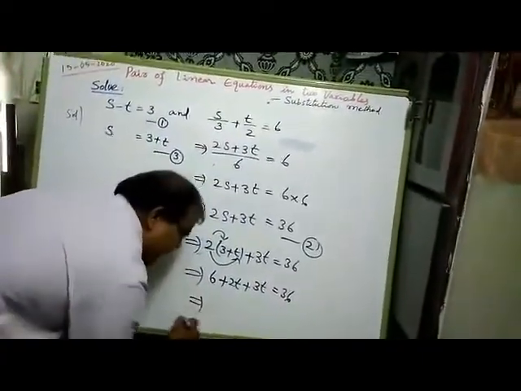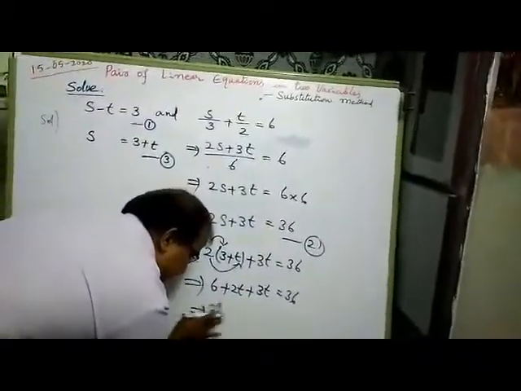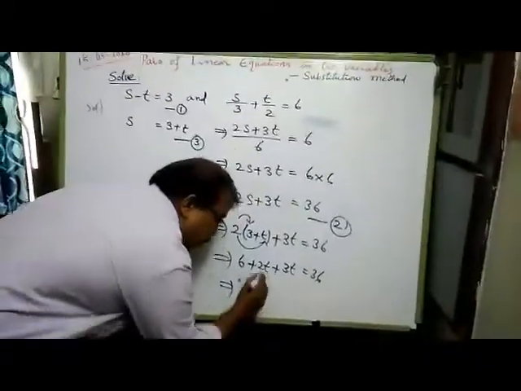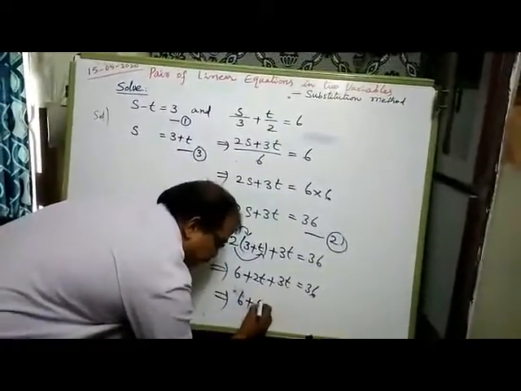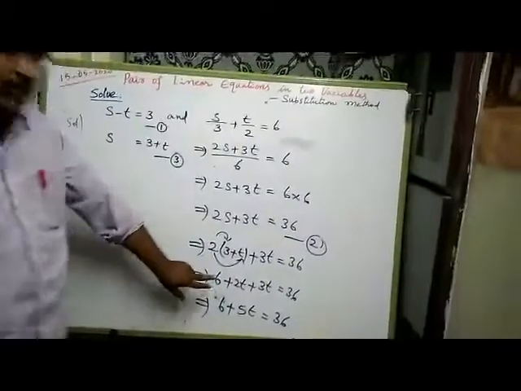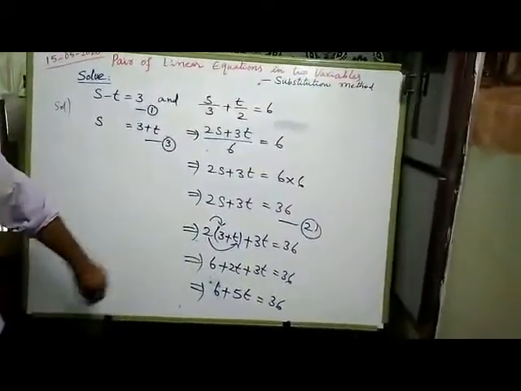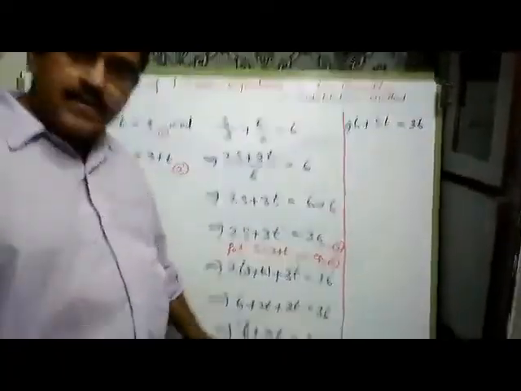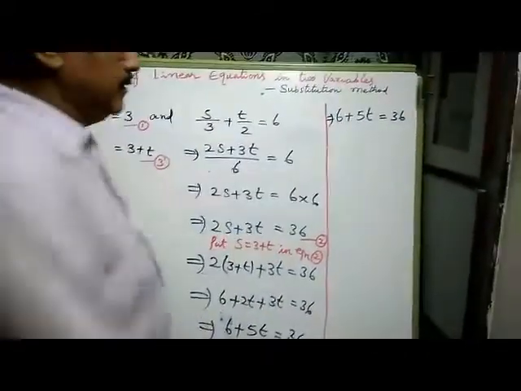That implies 6 plus 2t plus 3t is equal to 6 plus 5t, which is equal to 36.